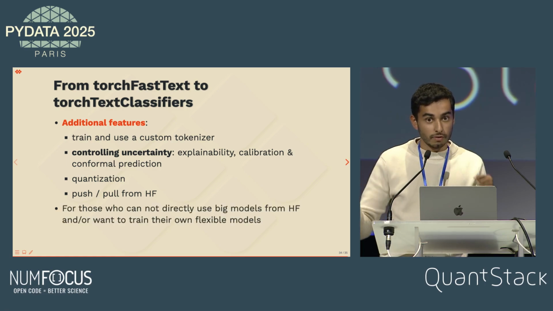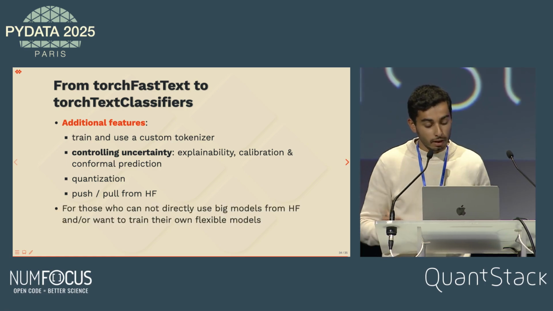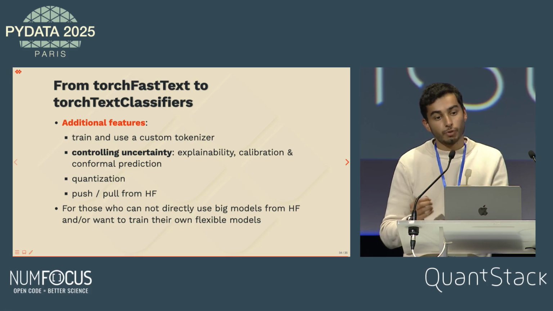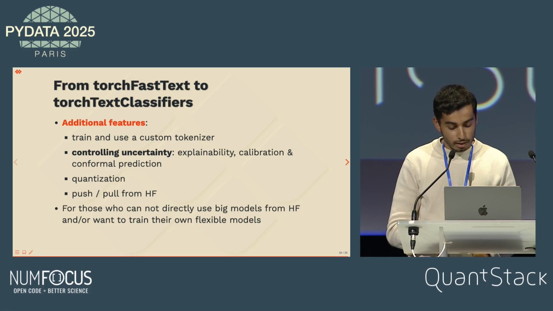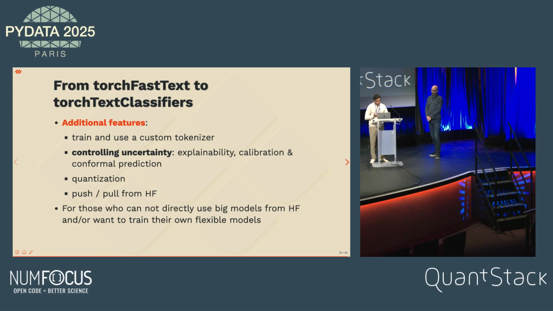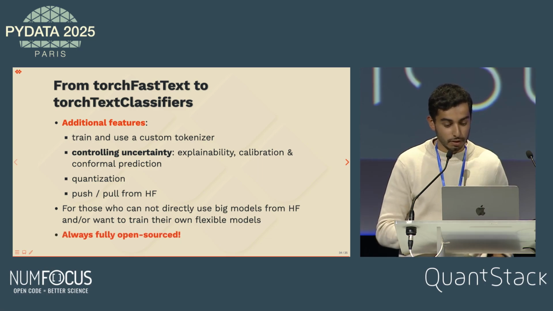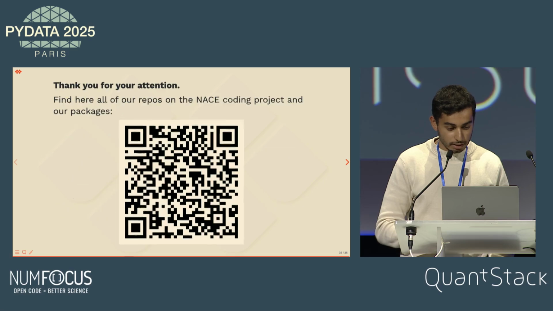So the idea is to have a connection with Hugging Face at the end of the day if your parameterization corresponds to any model that is already present on Hugging Face. And so yeah, the main target is for those who cannot directly use big models from Hugging Face and/or want to train their own flexible and custom-parameterized models. And so always fully open sourced. That's the philosophy of our public institution.